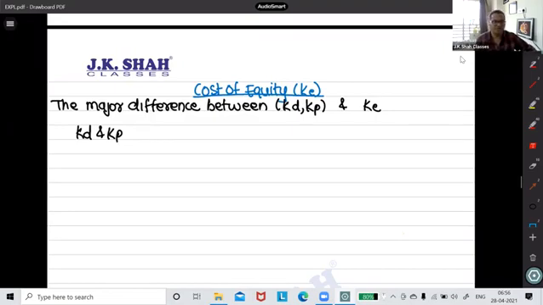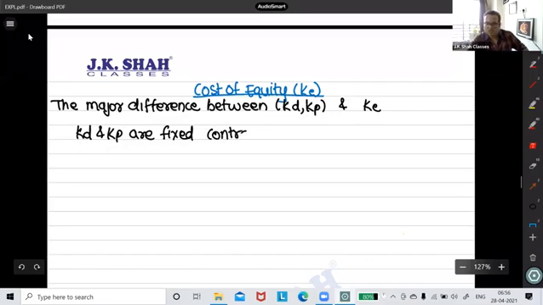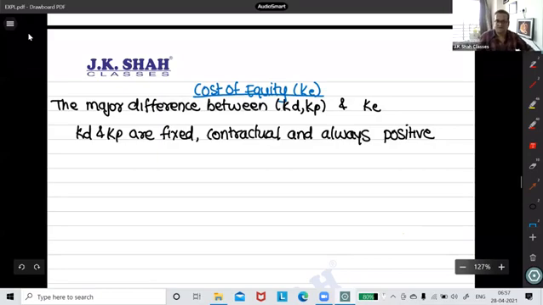KP. Okay, fine. So KD and KP are fixed, contractual, and always positive. Correct, friends? Fixed amount is fixed, contractual, decided in advance, and always positive.